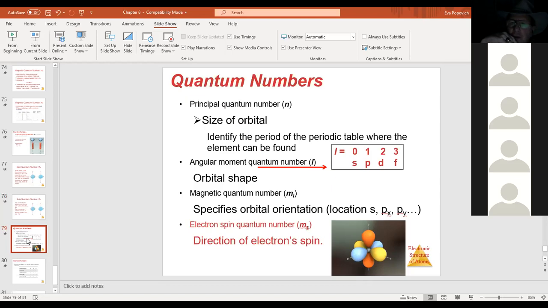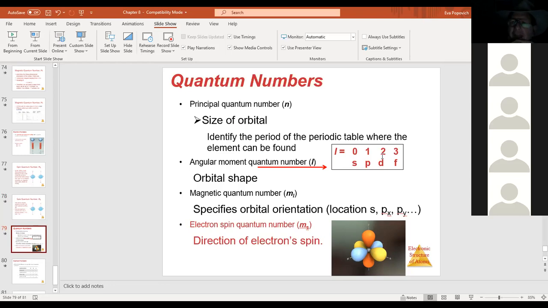If I am dealing with n equals 3, this allows for L of 2, 1, 0. So it's not until I get to the third shell that I'm able to have d orbitals. Again, if n is equal to 4, I can have L equal to 3, 2, 1, or 0.